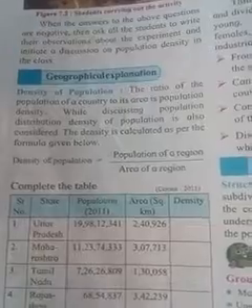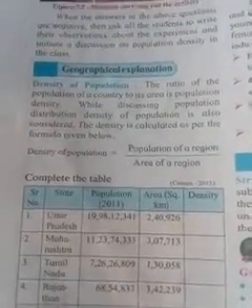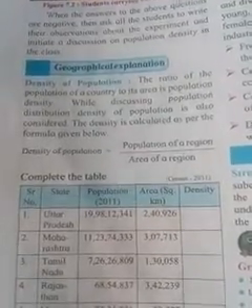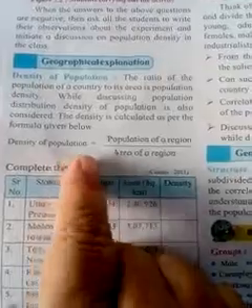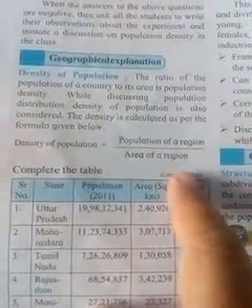How is it considered? The population of a region divided by the area of the region.